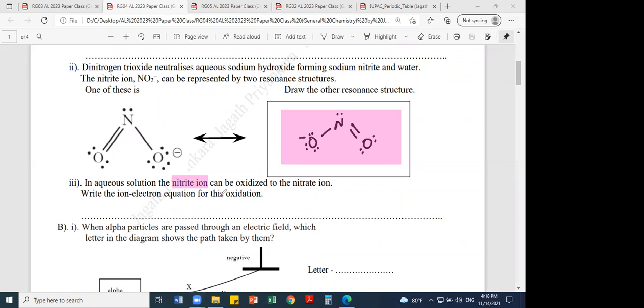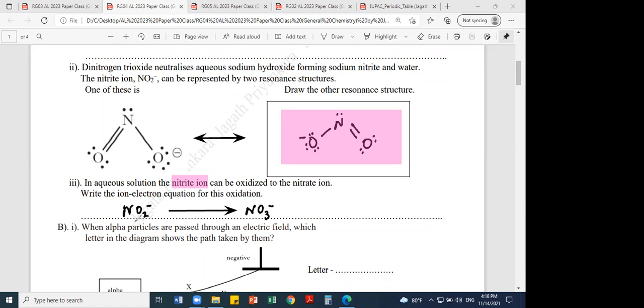NO2 minus becomes NO3 minus. Nitrite becomes nitrate.